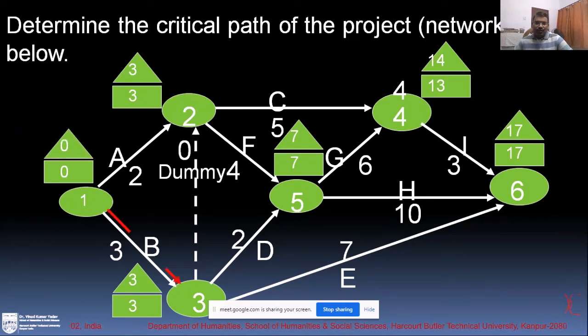0. Now look at the dummy path, because 3 was coming from this dummy route. So this is the critical path that, in the second example, is giving you the earliest start time and the latest completion time as the same.